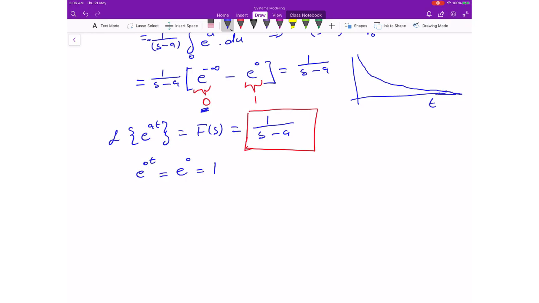So the Laplace transform of 1, which is a constant, is equal to 1 over s minus a, where a is equal to 0, which is equal to 1 over s. So the Laplace transform of 1 is equal to 1 over s.